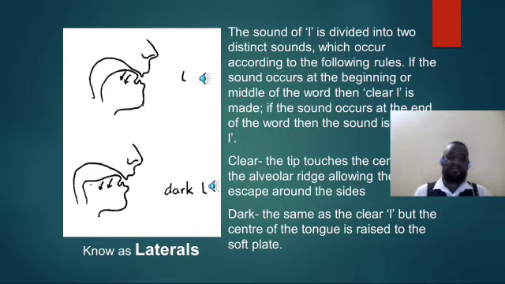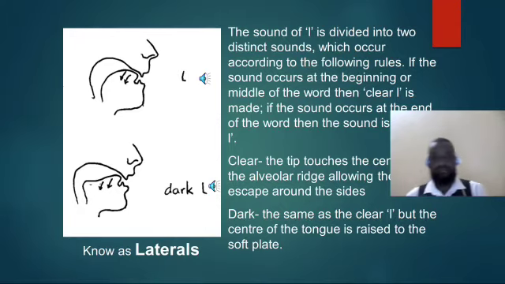Actually, this is the difference between dark la and light la. I have a query: if we have a word that has a dark la followed by a vowel, then the la at the end of the word becomes clear. Is it a question or a comment?